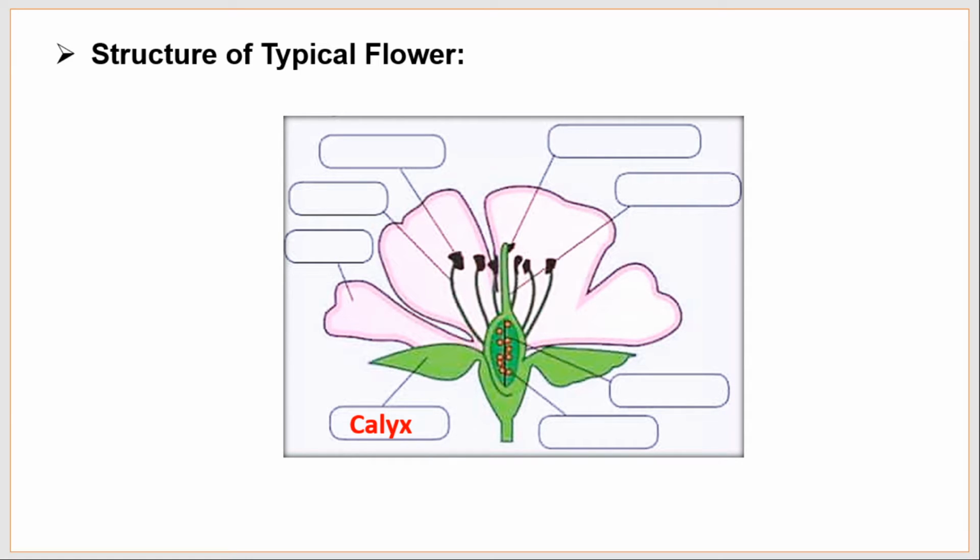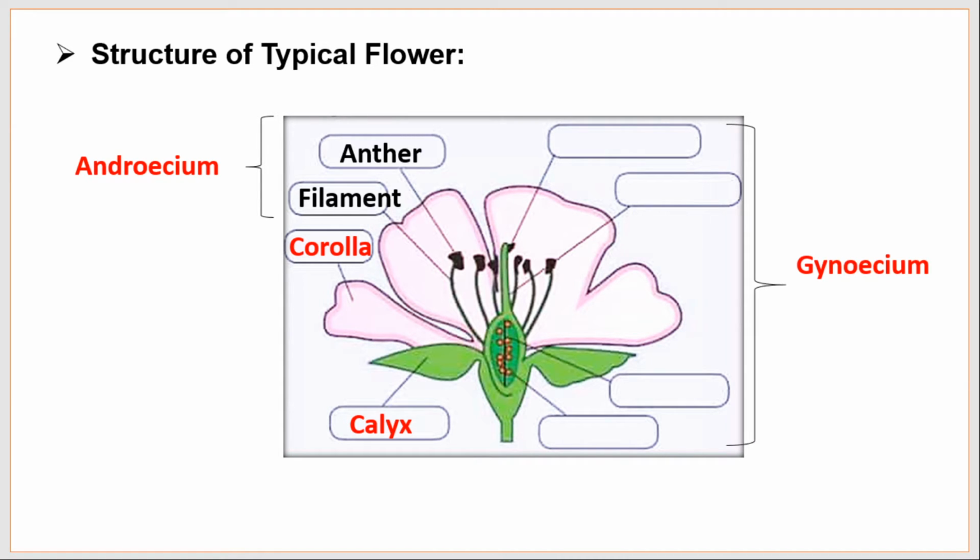The androecium consists of 2 parts, that is filament and the anther, whereas the gynoecium consists of stigma, style and ovary. Inside this ovary there are many ovules.